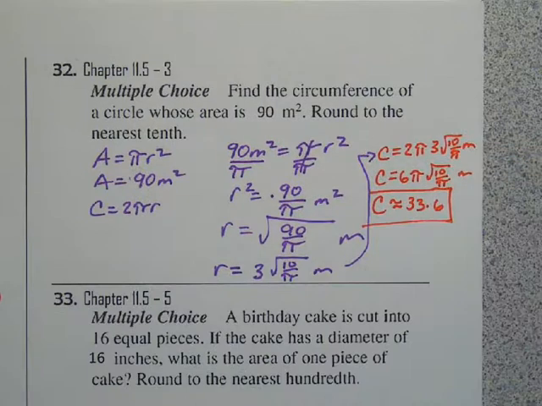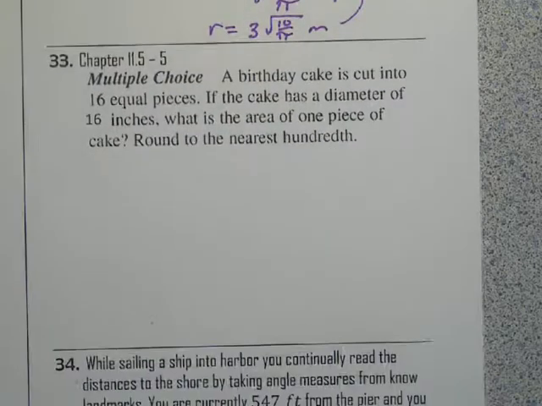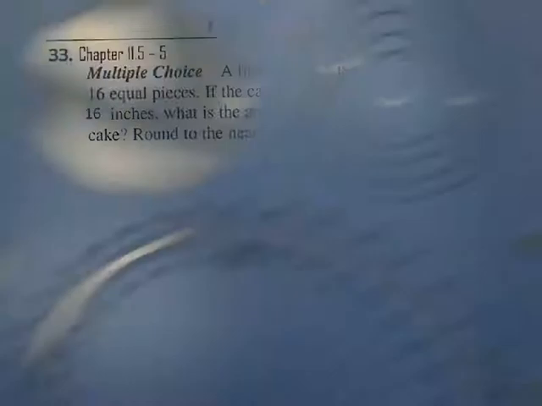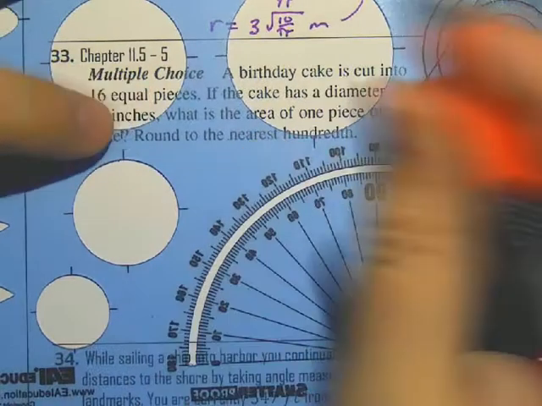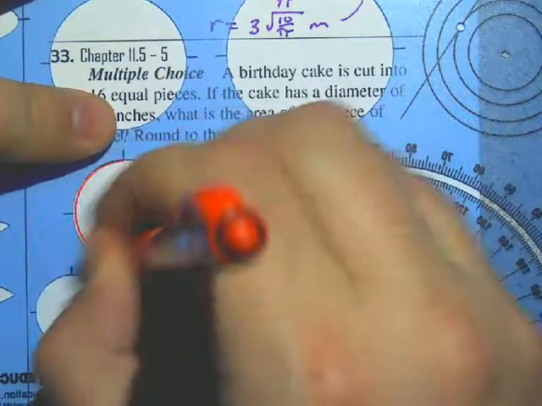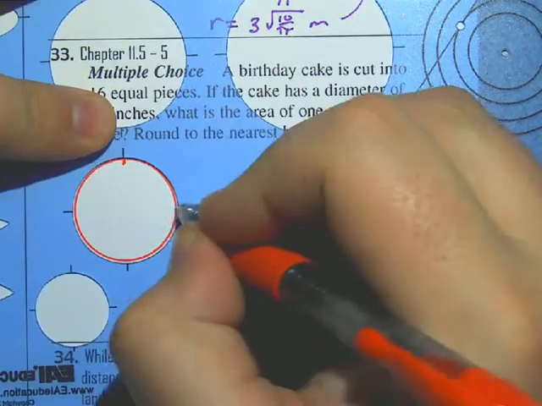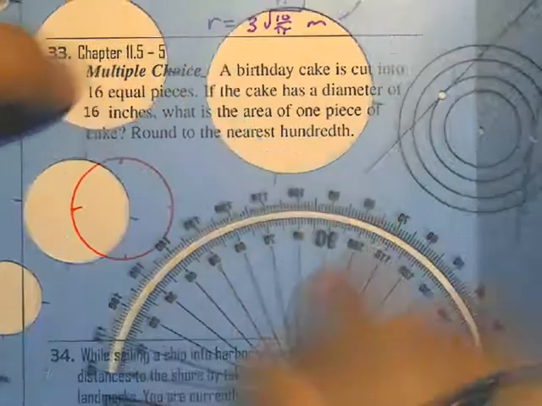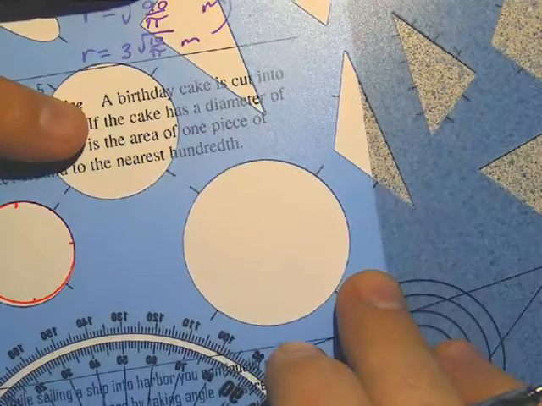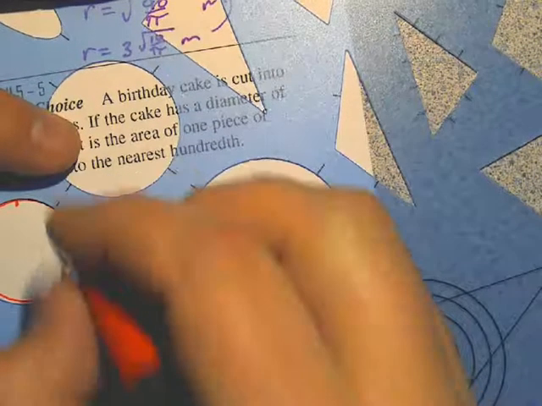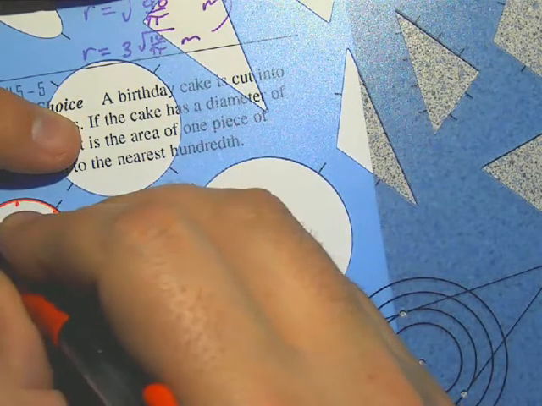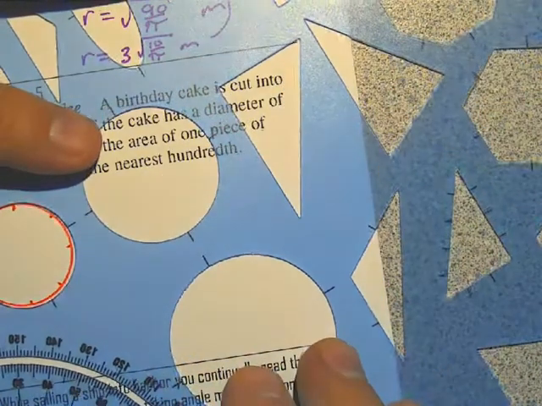Whew, we're getting there, guys. So a birthday cake is cut into 16 equal pieces. So let's go ahead and cut this cake. Let's see, here we'd cut it into 8 pieces. And this would cut it into 16ths.